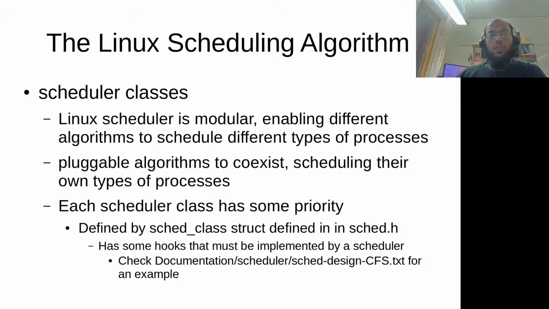The Linux scheduler is built upon scheduling classes. This is the concept of scheduling classes. So you have multiple classes that you can configure in your system. One of them is, for example, sched, which is basically CFS. One of them is sched, which is the scheduling using the real-time scheduler. We'll talk about it in a bit.